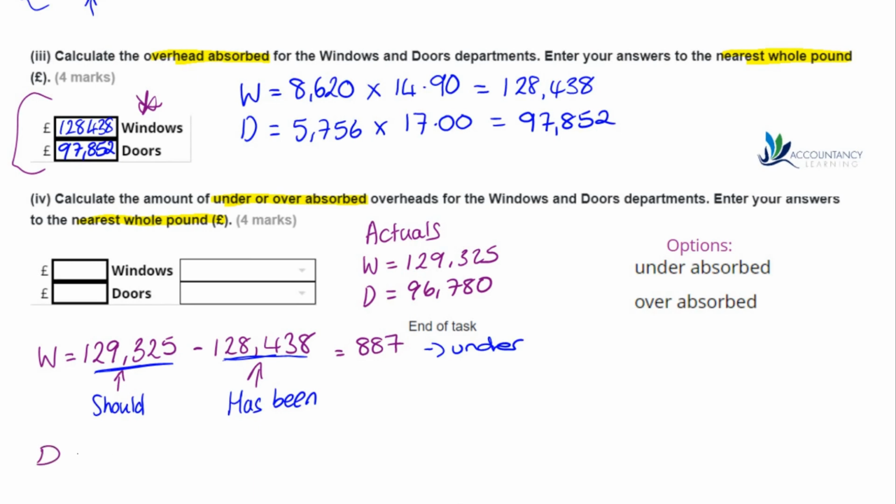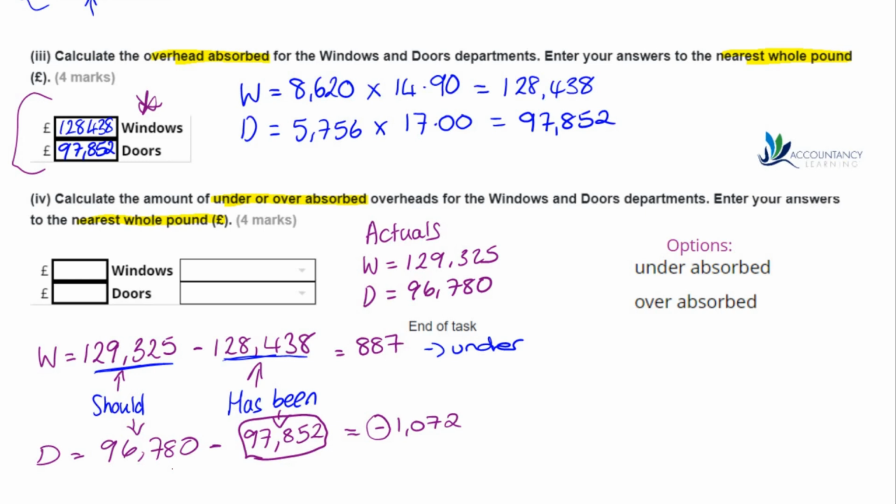And then for doors, what we should have absorbed is the actual overheads of 96,780. What we've actually absorbed is 97,852. Which means we then get this little negative figure here because what's actually been absorbed is higher than what should have been absorbed.